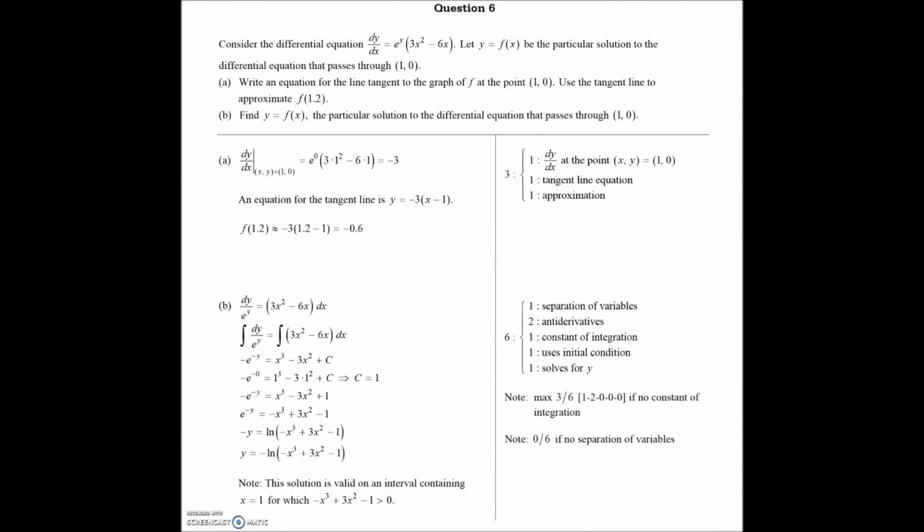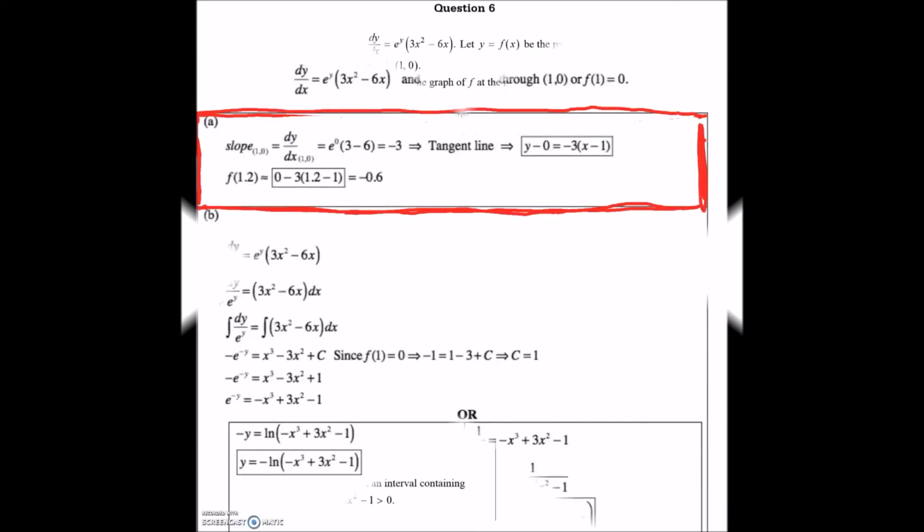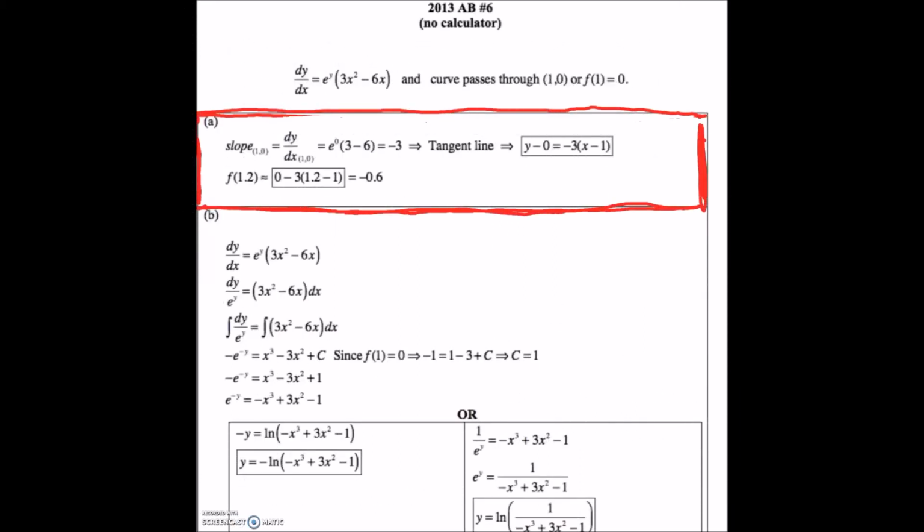A total of 3 points can be awarded for part A. The first point is awarded for the correct slope at the point (1, 0). The second point is awarded for the correct equation of the tangent line, and the third point is awarded for the correct approximation of f(1.2). First, Mr. Calculus plugs in the coordinate pair (1, 0) into the equation dy/dx = e^y (3x² − 6x) to find the slope of the tangent line.